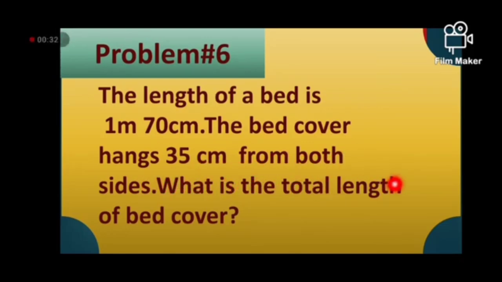What is the total length of the bed cover? In this example, you can see that the length of the bed is 1 meter and 70 centimeter, and the bed cover hangs from both sides. From both sides means from two sides of the bed, 35 centimeter. So we have to find the total length of the bed cover.